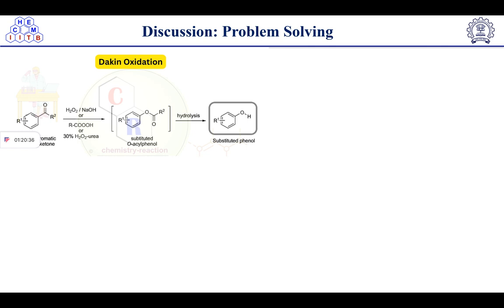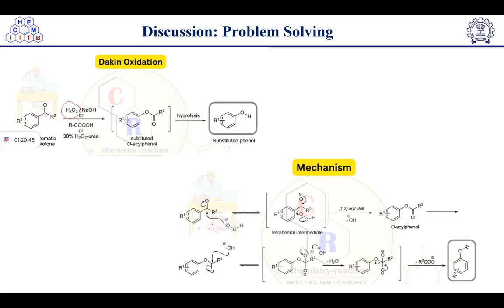Next one is Dakin oxidation. We'll discuss this one also. What will happen in Dakin oxidation? Same as Baeyer-Villiger. This is also with peroxides. So we'll see the mechanism here. Always this will attack on an electrophilic center and will form the tetrahedral intermediate. This tetrahedral intermediate then undergoes an aryl shift.